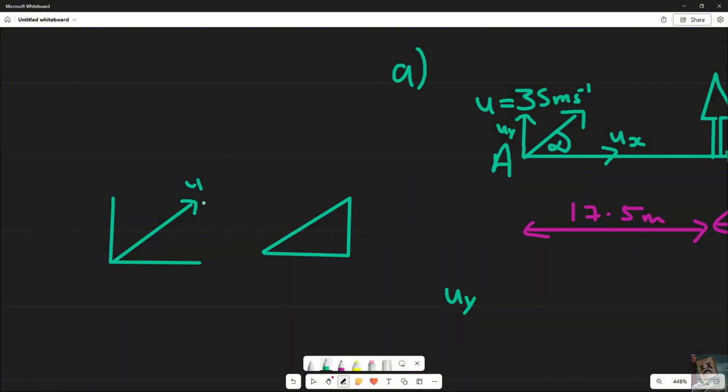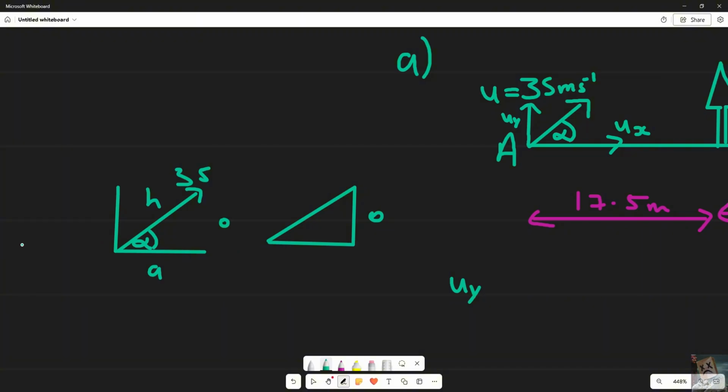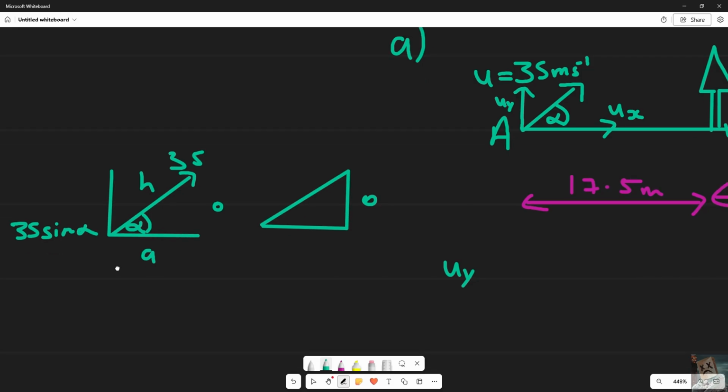This is u, which is 35, and then we've got the angle here, so we can do trigonometry. The opposite is the same as the vertical, the adjacent is the horizontal, and this is the hypotenuse. So we have O and H, which is sin, so 35 sin alpha, and the adjacent would be 35 cos alpha.